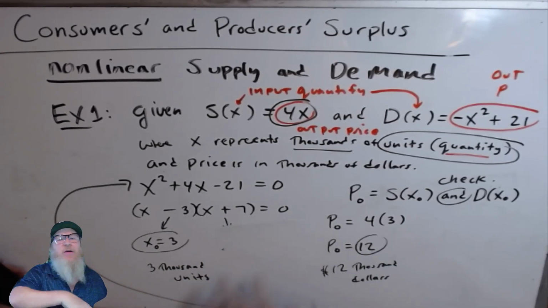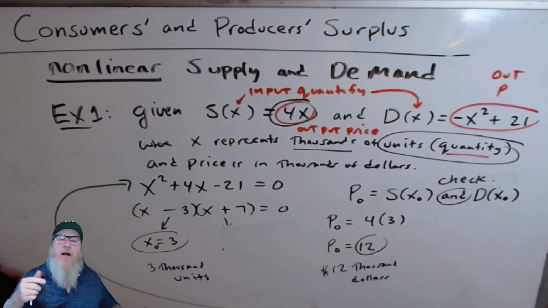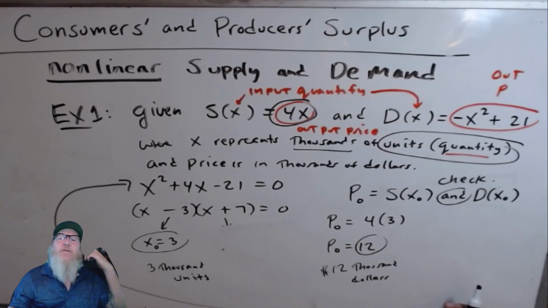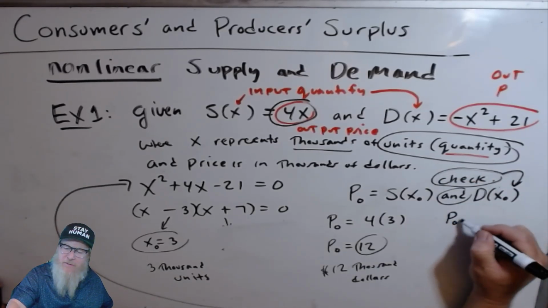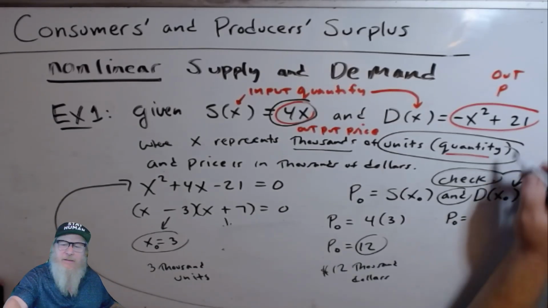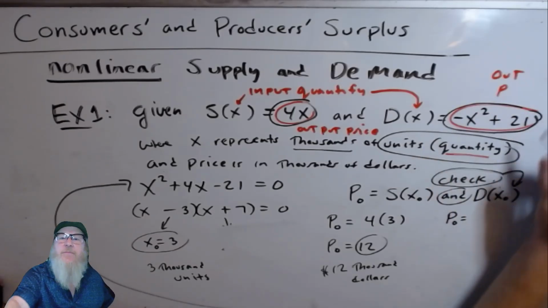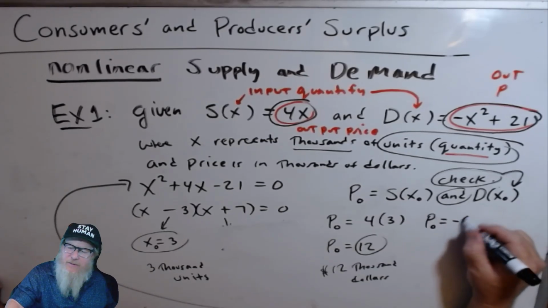I might draw a very rough sketch of this, and I don't want to go all the way over to 12,000. I'll just put 12, and we'll understand that that means $12,000. All right, but let's double check. Make sure that if you plugged it into the other function, the demand function, you get the same price.